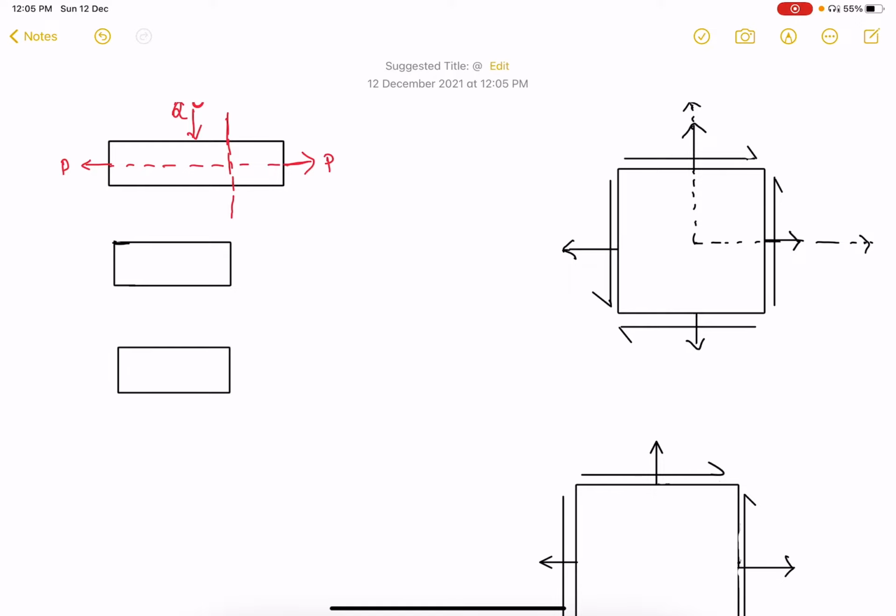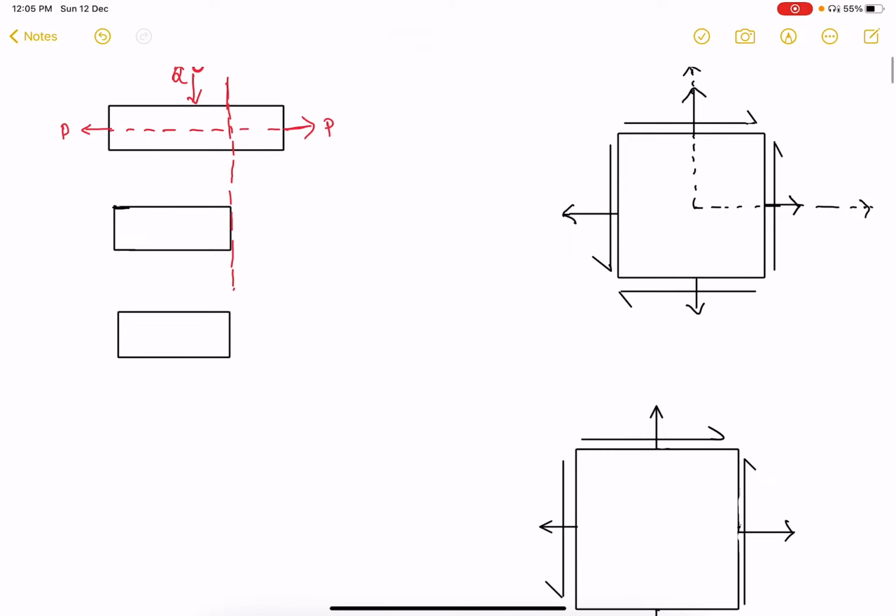In the free body diagram, here it's P, here it's Q. To balance this, we have one normal force N, which is equal to P for a transverse cut. If it is an inclined cut, there will be a theta factor, which I have shown to you. And V is equal to Q.